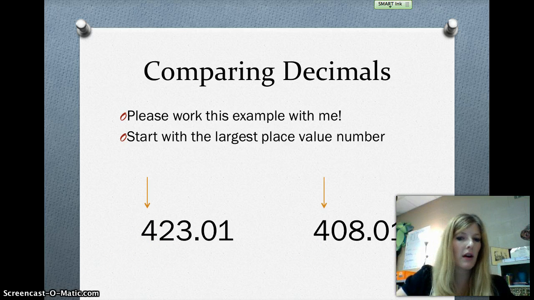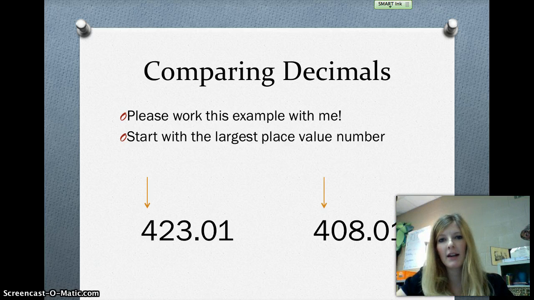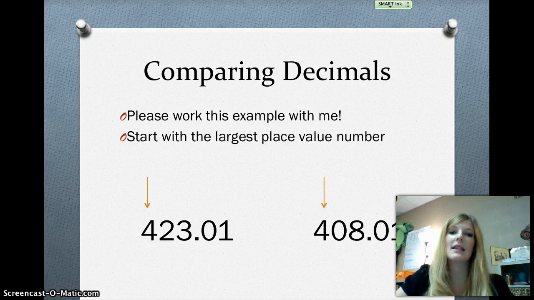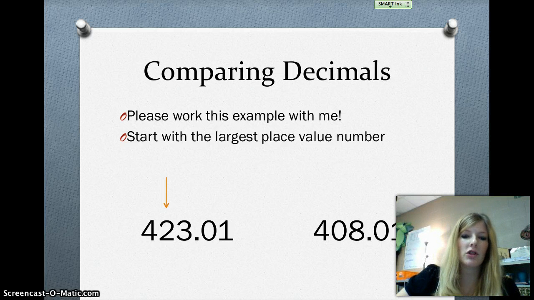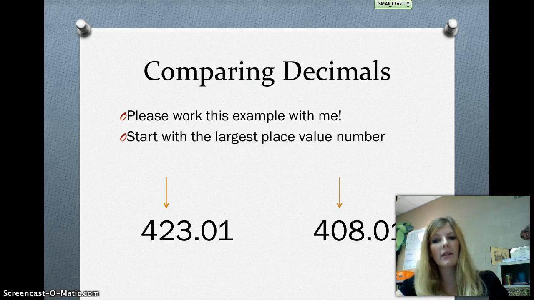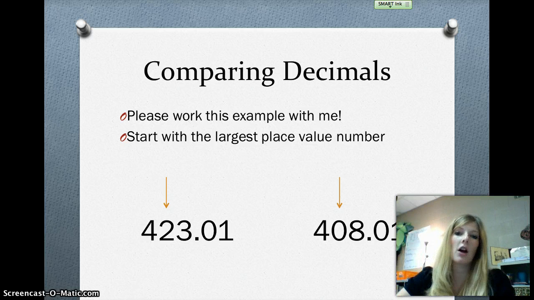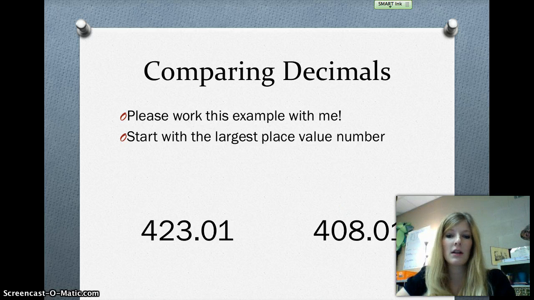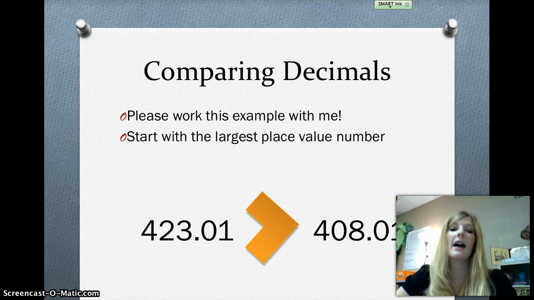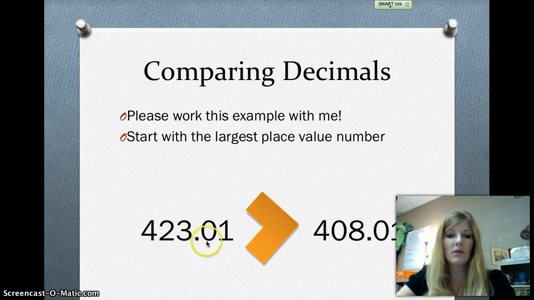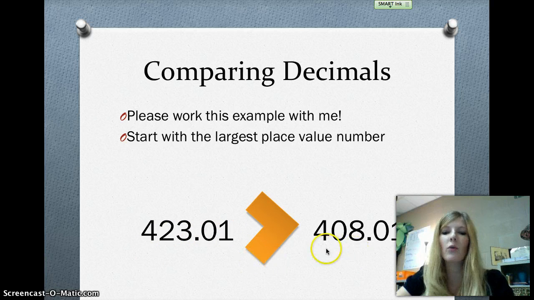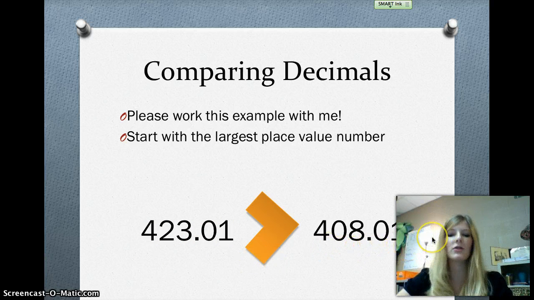I see we have a 4 and a 4, which is bigger. They're the same. So we move on to the next smallest, which would be the tens column. In this example, I have a 2. And in the next one I have a 0, so I can tell automatically which one is larger. And it is the 2. So I'm going to put my symbol in that shows that 423 and 1/100th is greater than 408 and 1/100th.